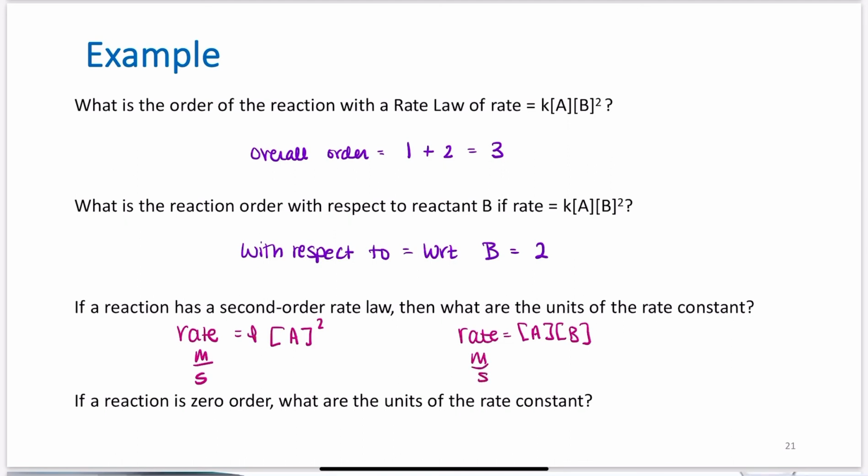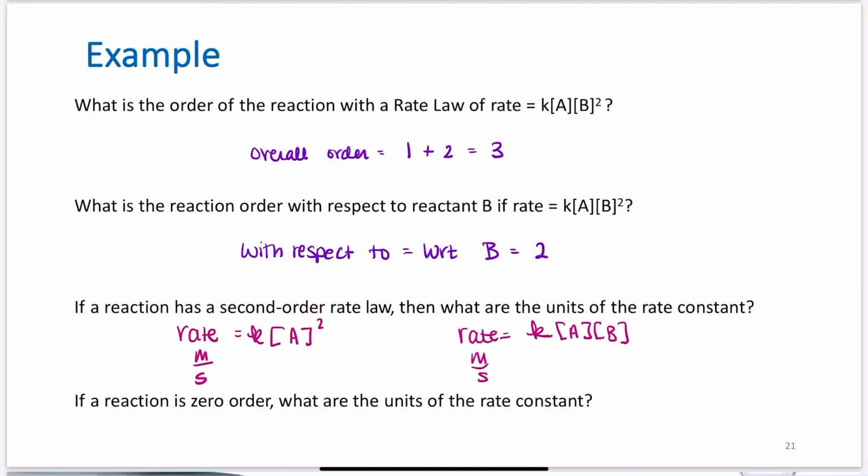But I've got this proportionality constant in here that I need to take account of. And the units can change depending on the reaction. Rate, always, no exceptions, molar per second.